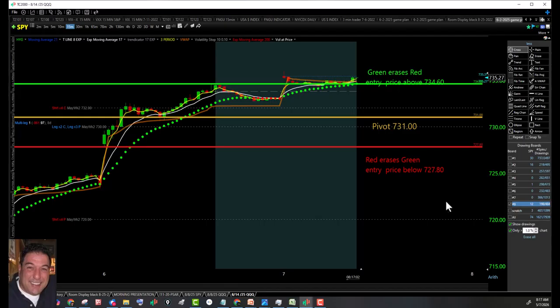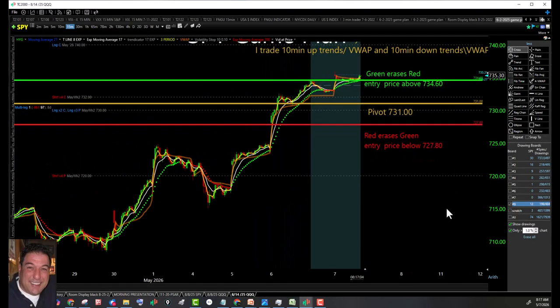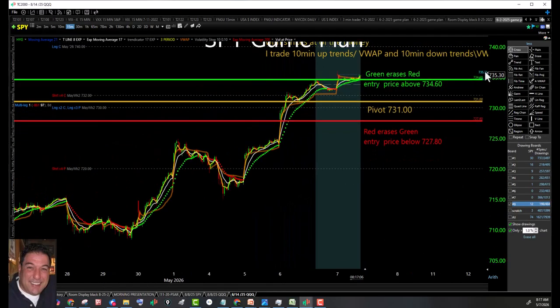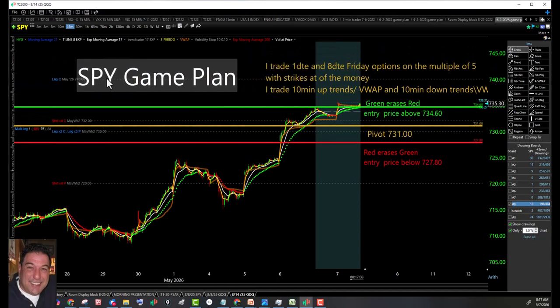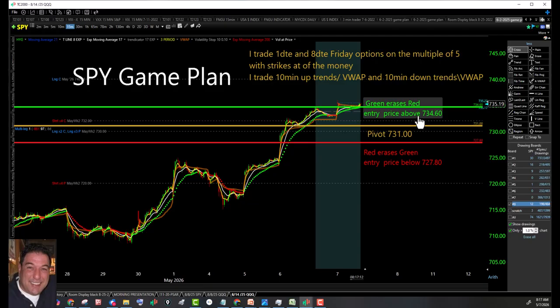Go to the 15-minute chart, and let's see if I can drag this into focus. Okay, so I like green erases red over 734.60. All right, pivot 731, above it I'm a bull, below it I'm a bear. Red erases green entry below, gap fill down here 727.80.